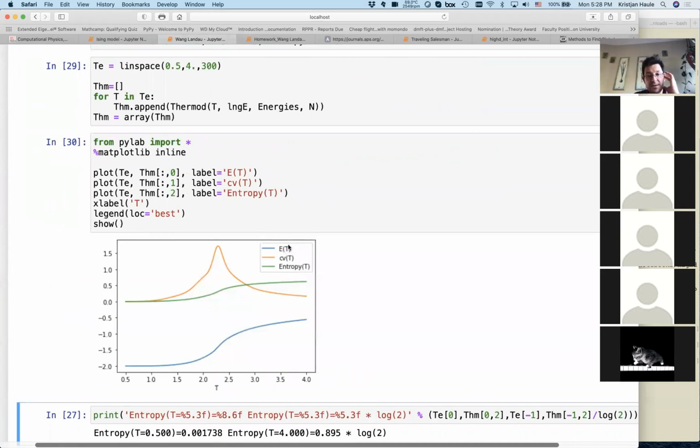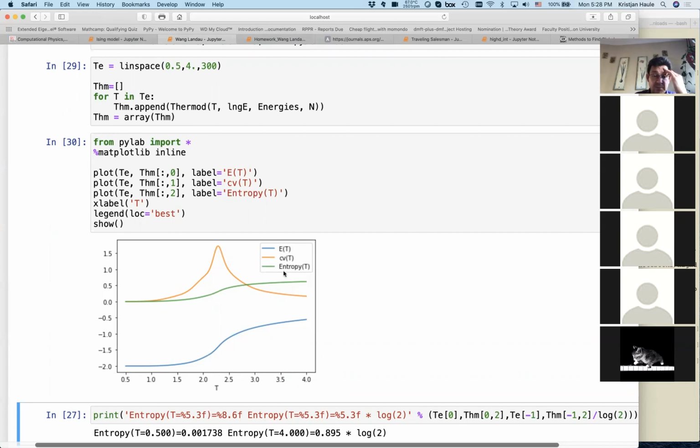So we know that the energy at very high temperature will eventually go to, I think, 0, and then as we reduce the temperature, it saturates at -2. Now the specific heat has to have a peak at the transition, which is around 2.2 something, which looks correct.